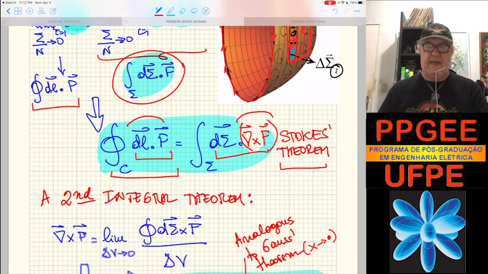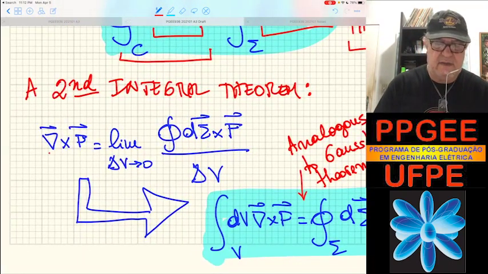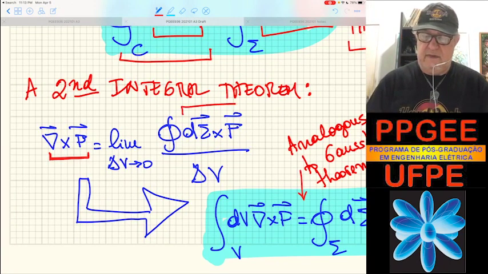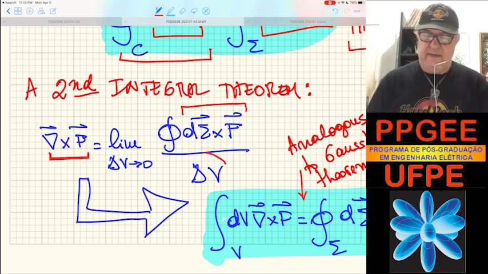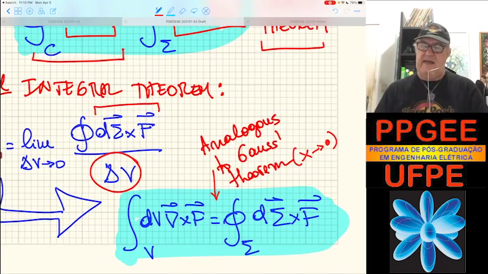Okay. There's a second integral theorem that can also be demonstrated using that dual definition for the curl. If you use that other definition in terms of volume, if you recall, I just spoke about that, I can show that we have a similar theorem analogous to Gauss's theorem.